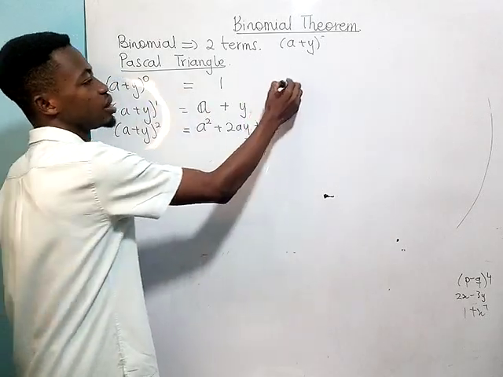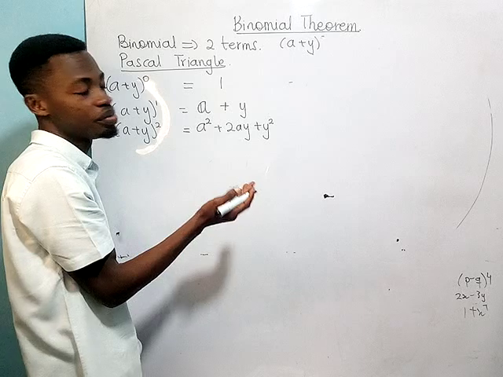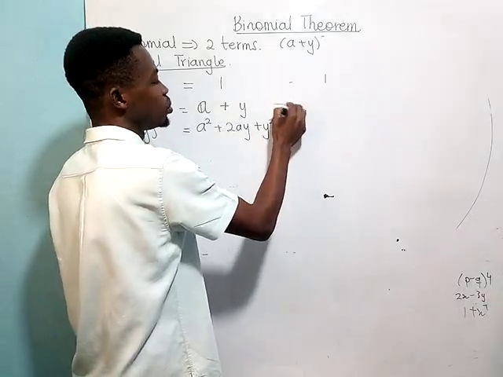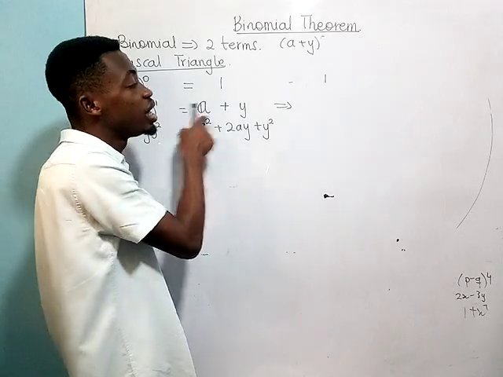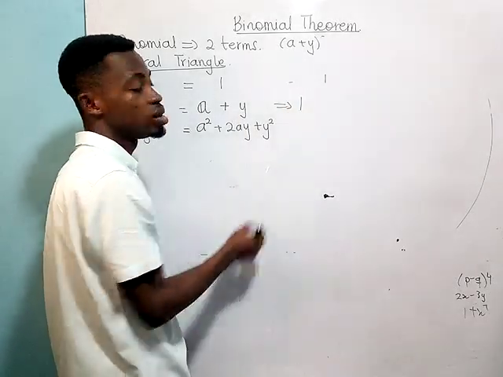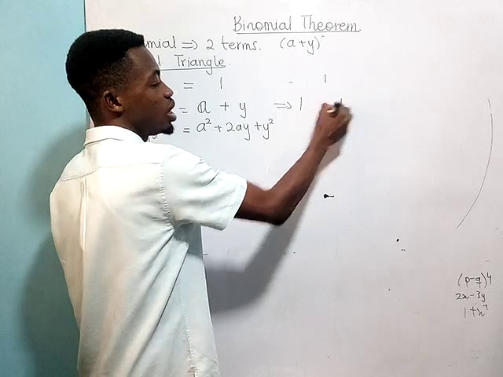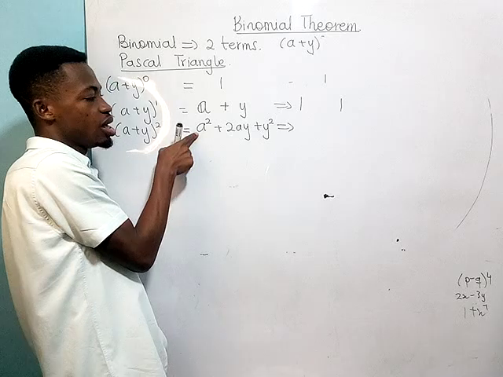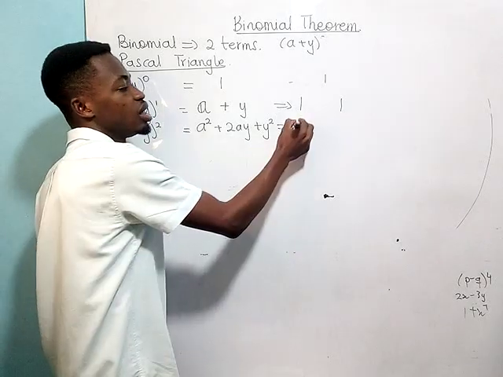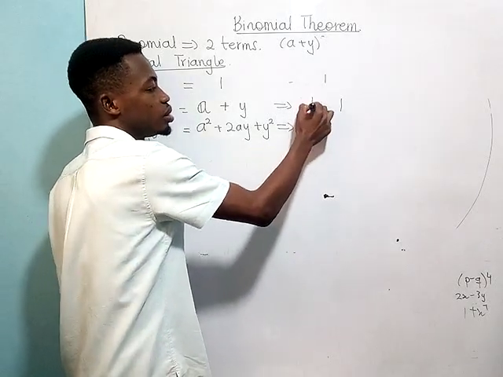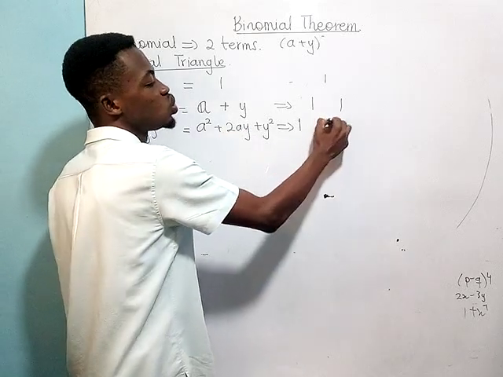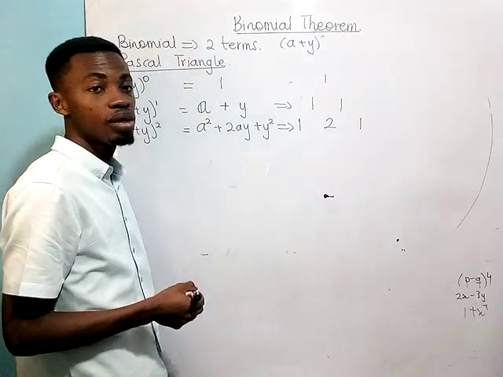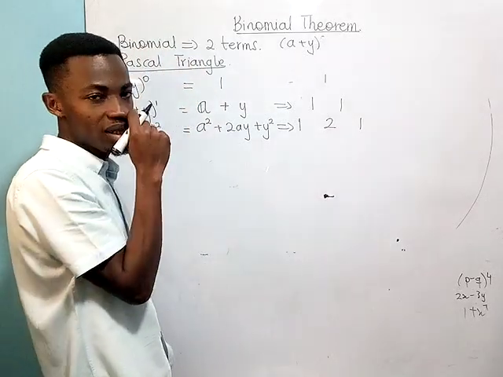When we look at this part, we have 1. When we come here, you get to see that the coefficient of the a is 1, and the coefficient of the y is also 1. Here, the coefficient of the a squared is 1. The next one is 2. Then here, it is also 1. So there is a pattern here.